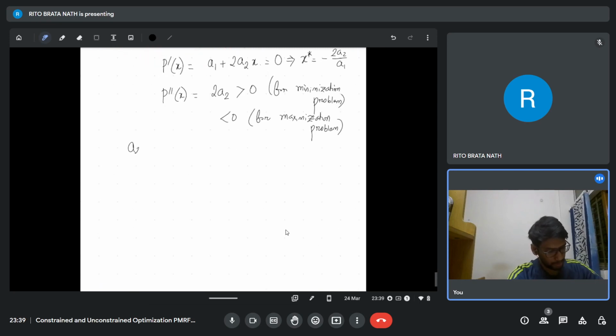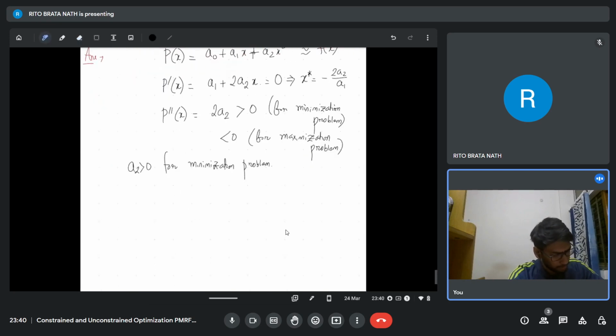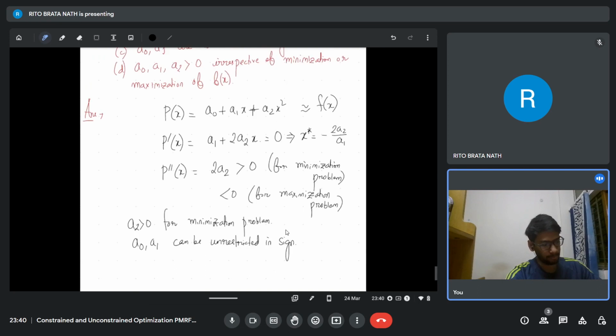So A2 greater than 0 for a minimization problem. And A0 and A1 can be unrestricted in sign, because we don't need any conditions imposed on them.